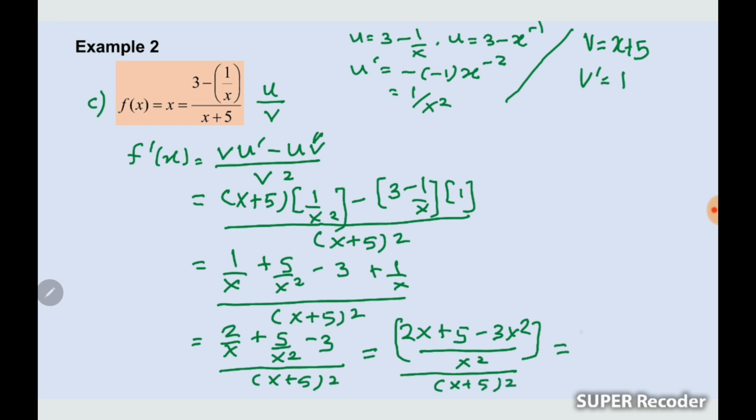So the simplest answer is negative 3x squared plus 2x plus 5 over x squared multiplied with x plus 5 squared. Okay, got it? So make sure you use the right formula here.